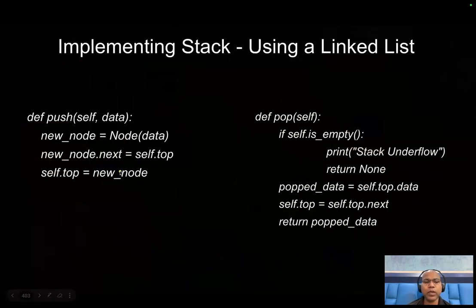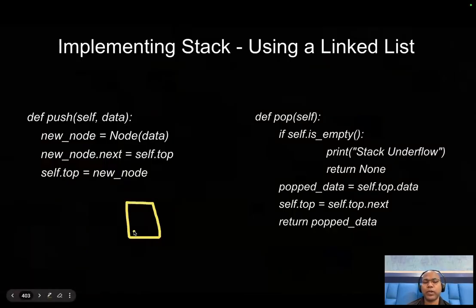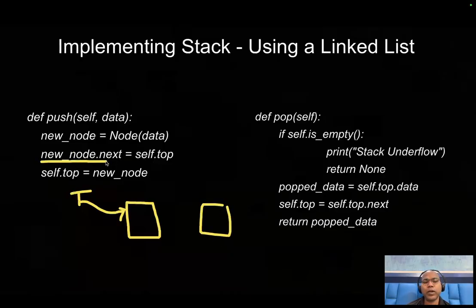So it looks like this. The first node you created, you say this is our top node, right? Again, a new element comes and you create it. Now what do you say? New element dot next equal to top.